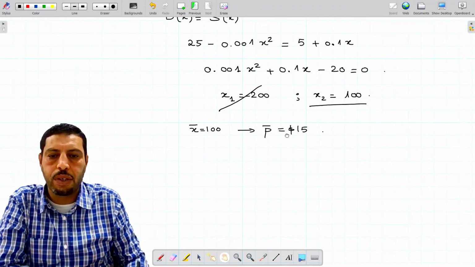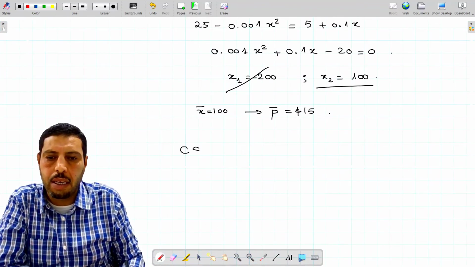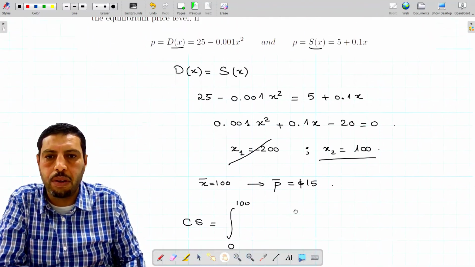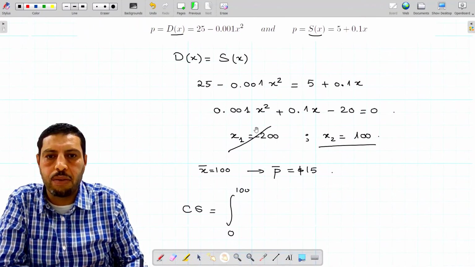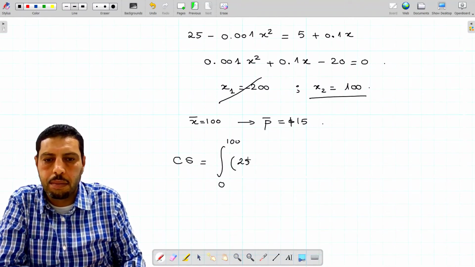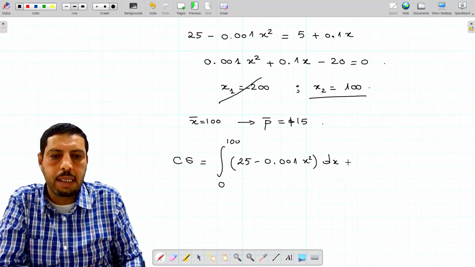And you can, of course, compute your consumer surplus and producer surplus using the formulas. So the consumer surplus will be the integral between 0 and 100 of d of x, and d of x is equal to 25 minus 0.001 x squared, dx, minus p bar times x bar. It means 15 times 100.